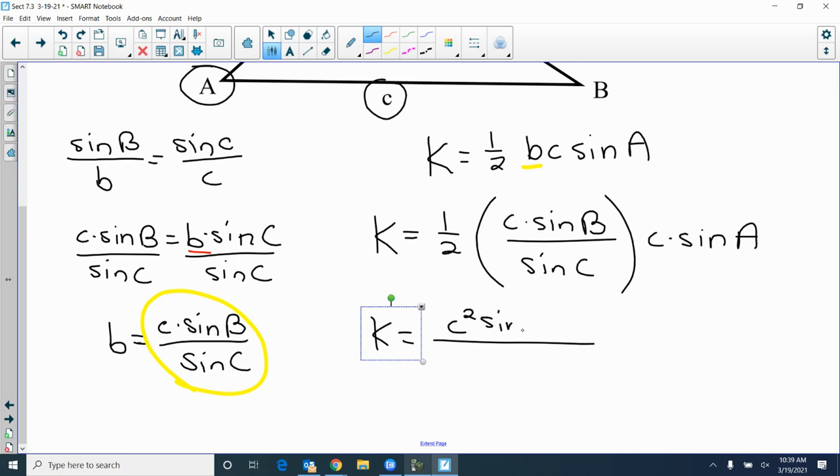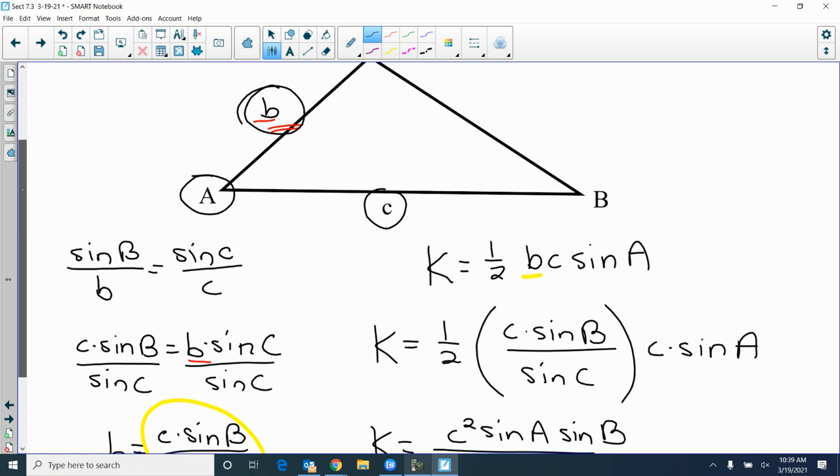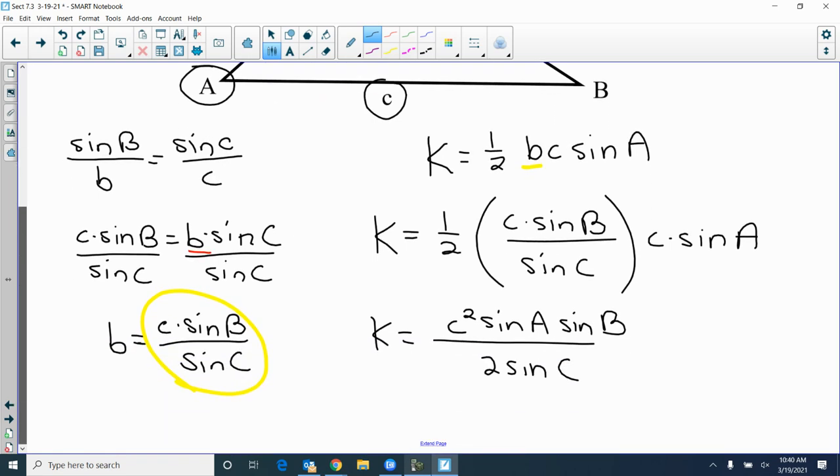And then I'm just going to go in alphabetical order, sine of A times sine of B. And what's left in the denominator? A 2, and what else? Sine of C. So we need all three angles and one side. Well, if you know two angles, you can find a third angle. So this will work for angle side angle or angle angle side.